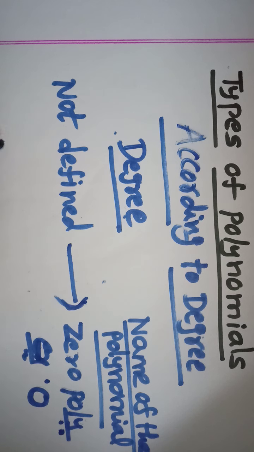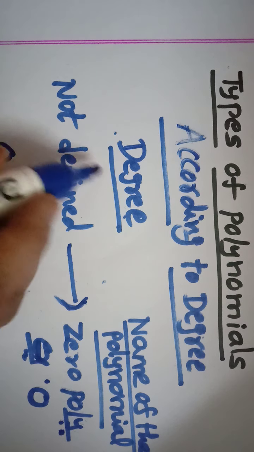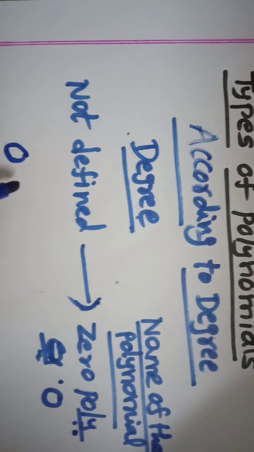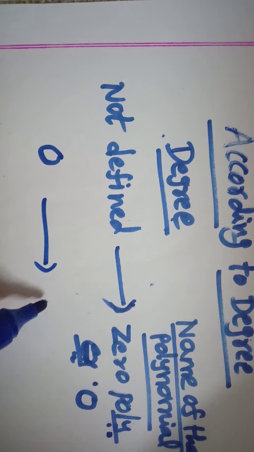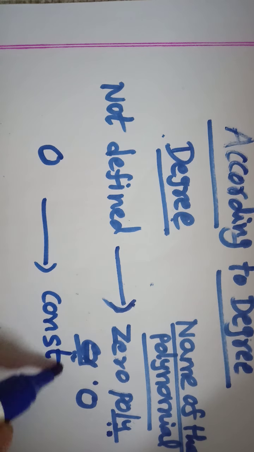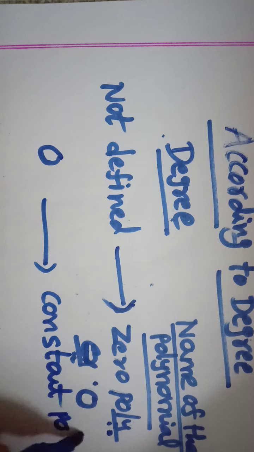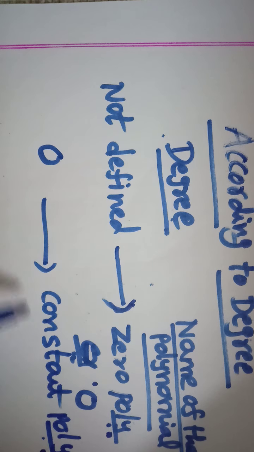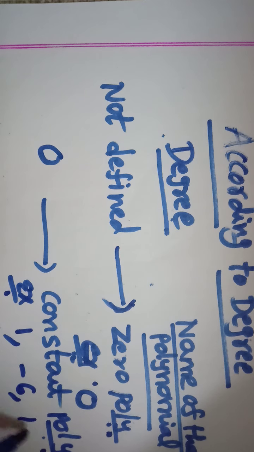Next, suppose the degree is 0. If the polynomial has degree 0, then it is called a constant polynomial. What are the examples of constant polynomials? All constant numbers: 1, -6, 100.